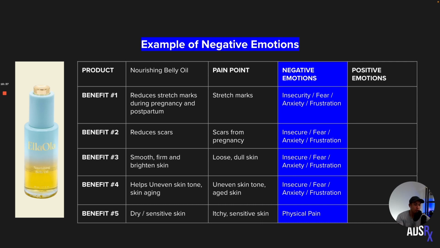You're frustrated with that. Or you're frustrated that after having kids, you don't look the same again. Reducing scars, very similar, I would say, to stretch marks. Like I said, insecurity, fear, anxiety, frustration, these are all very common pain points or negative emotions that the customer will feel. They actually feel those things.